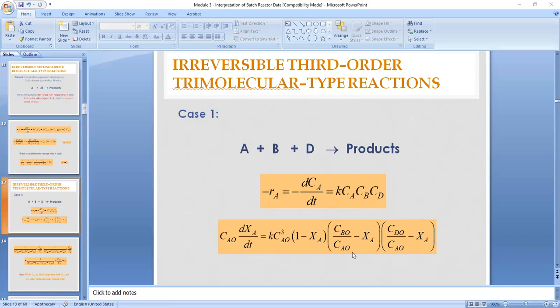And how you express, for example, C_B0 X_B to C_A0 X_A was already discussed last meeting. You go back to the stoichiometric ratios.